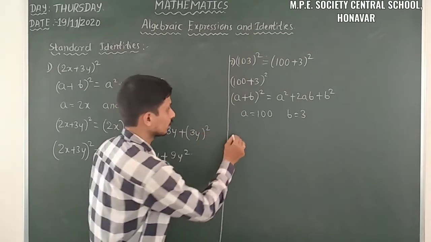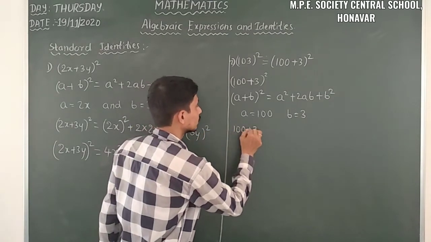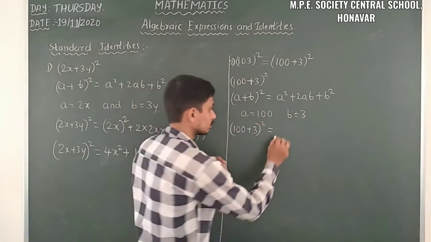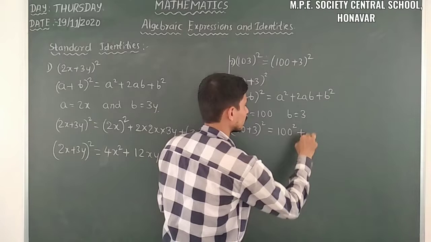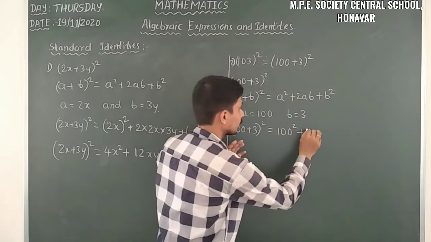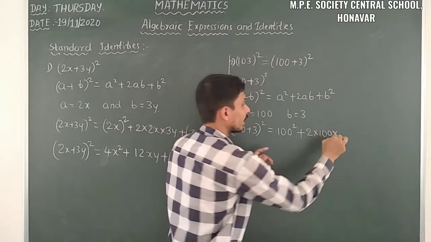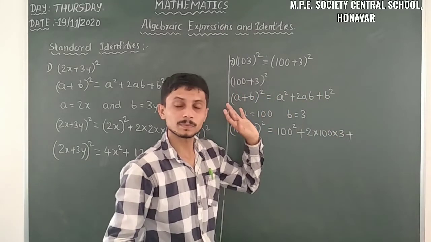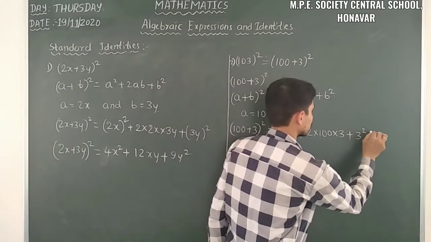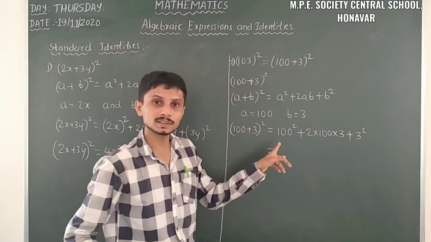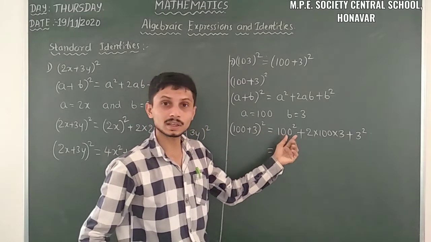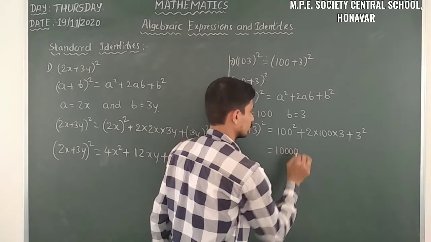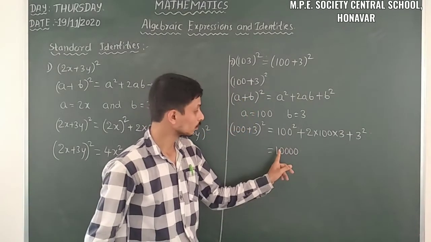So (100 plus 3) whole square is equal to 100 square plus 2 into a into b, that is 2 into 100 into 3, plus 3 square. 100 square is 10,000 because after squaring, after 1 we have 4 zeros: 1, 2, 3, 4.